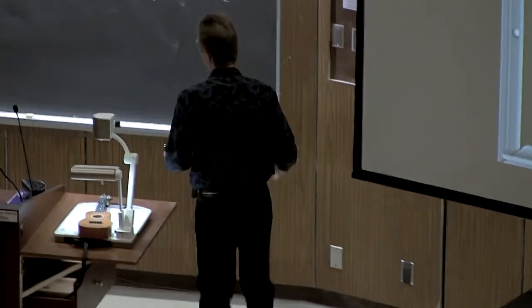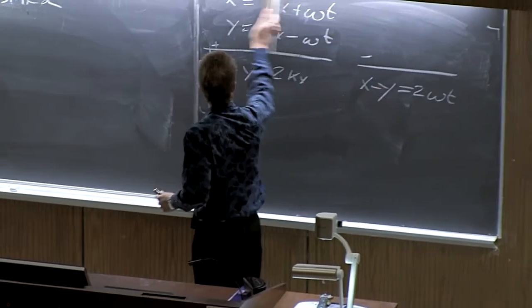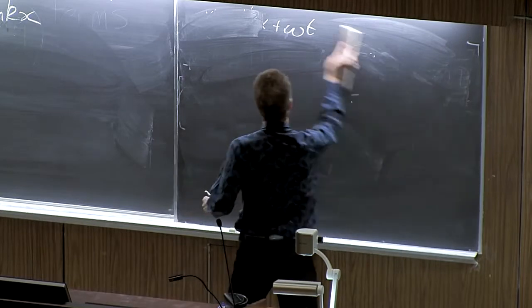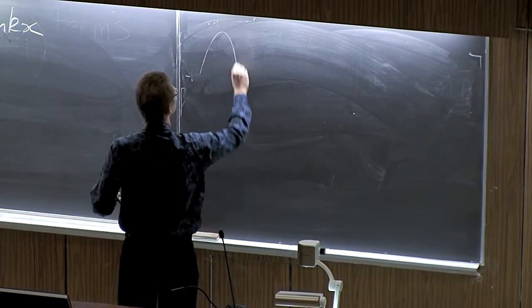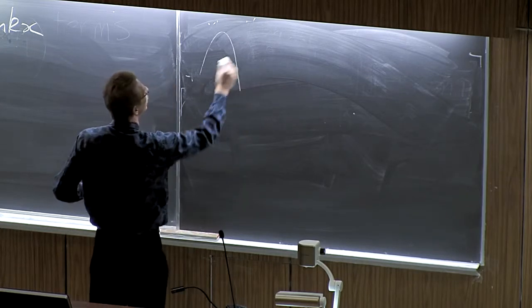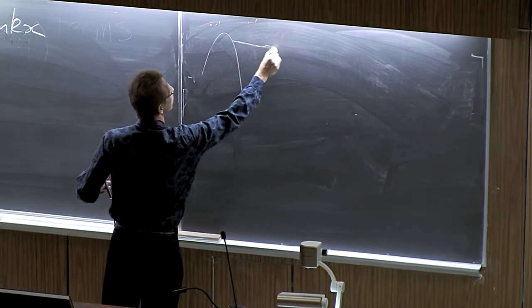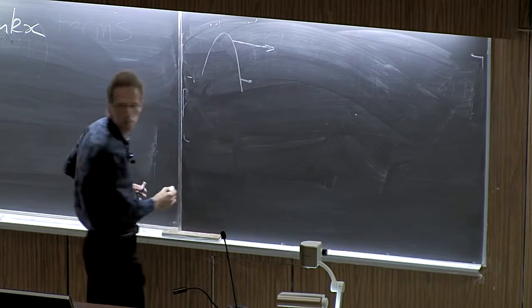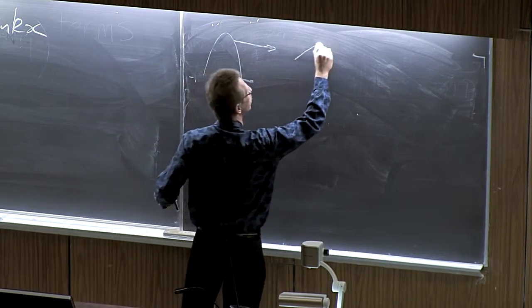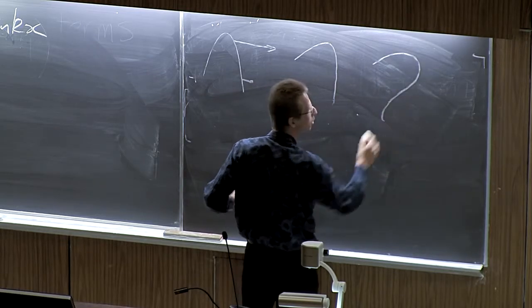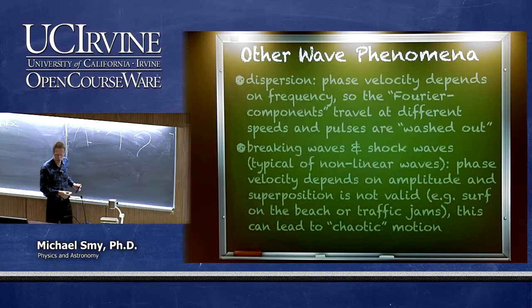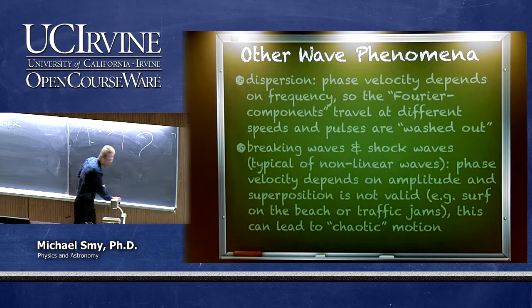For example, you can model the breaking of a wave by, you have some pulse. And if this part moves faster than this part, then this pulse will sharpen, and eventually it will do this, and then the wave collapses.